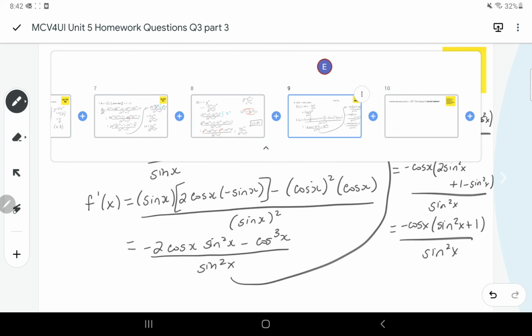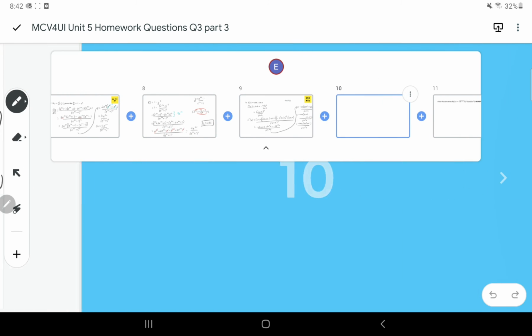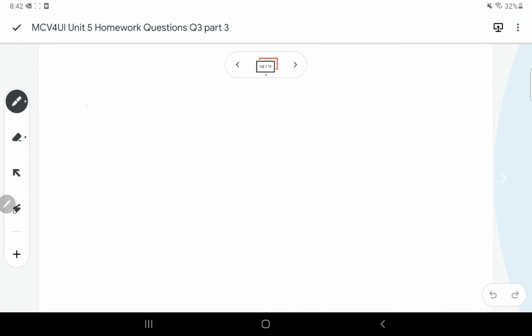So if I were to do the second derivative, throwing in another slide here, I would say just do the first step and don't simplify for the second derivative. So we are going to have quotient rule. The bottom, sine squared x, times the derivative of the top. And this is going to be a product rule in this derivative.